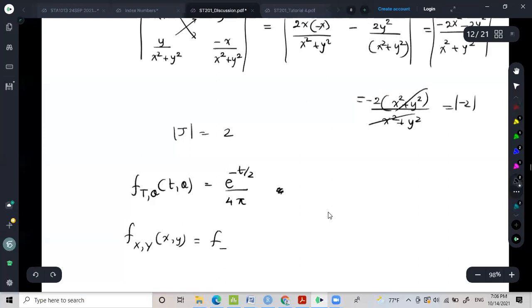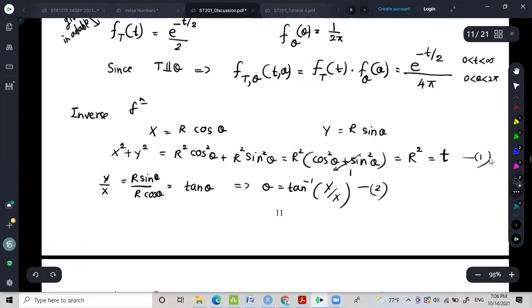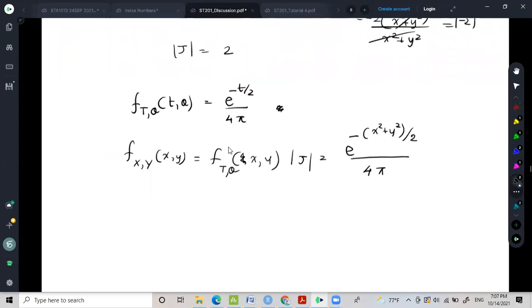That will be f of t theta at the inverse, multiplied by the Jacobian. So that will be e to the negative, and what is our t? t is x square plus y square. So we replace t with x square plus y square, divided by 2, divided by 4 pi. Now theta is not there. So this is our answer.